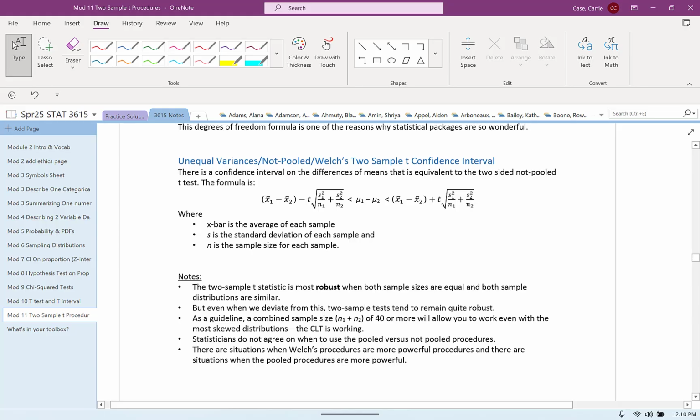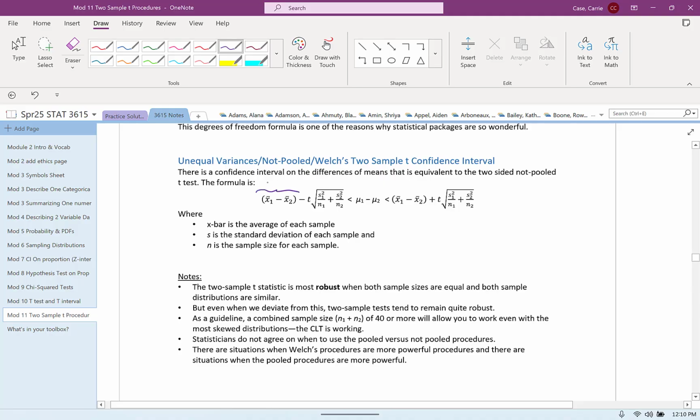So the unequal variances, the not pooled two-sample t or the Welch's two-sample t confidence interval looks a lot like the previous confidence interval. It's x bar 1 minus x bar 2 plus or minus some t statistic times the standard error, but the standard error here is the square root of s1 squared over n1 plus s2 squared over n2.